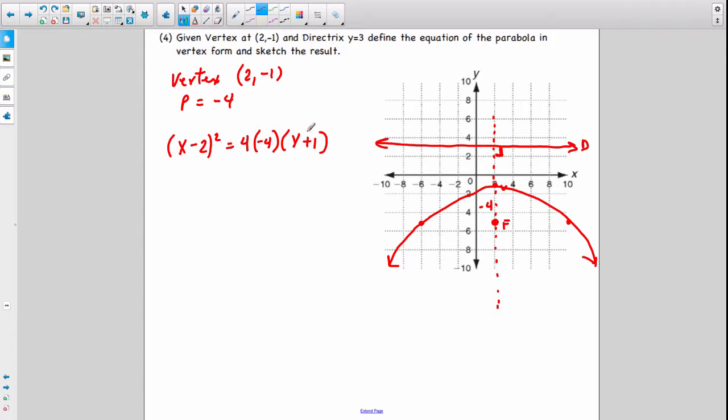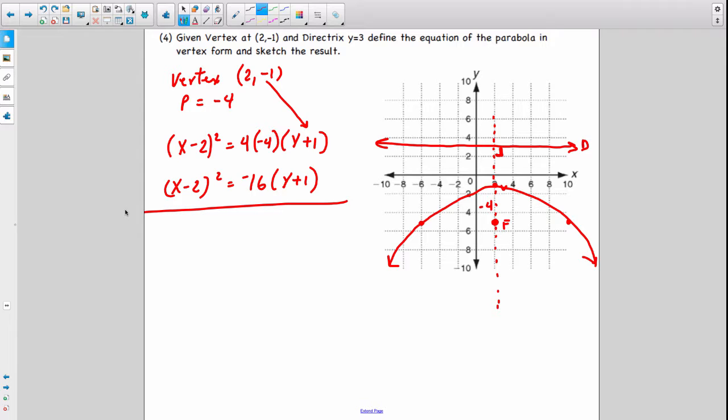Notice it's positive, double negative, right? Double negative, just in case you missed it. Let's make it look pretty. This is my modified vertex form. I'm out. Done.